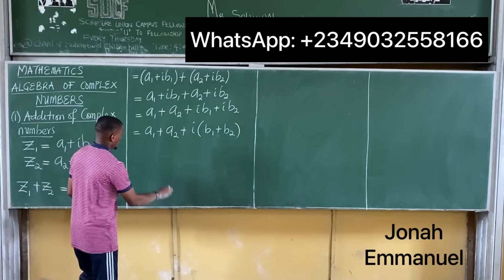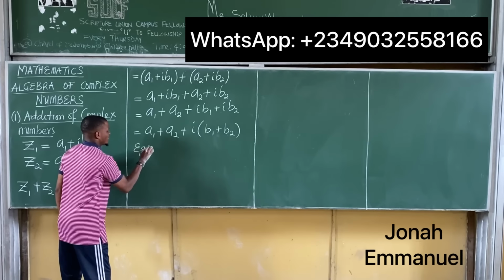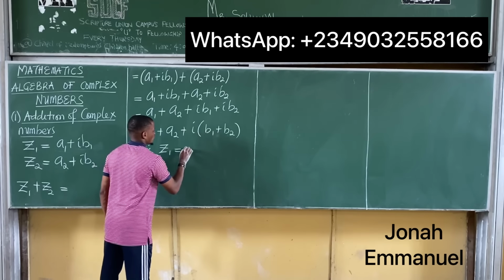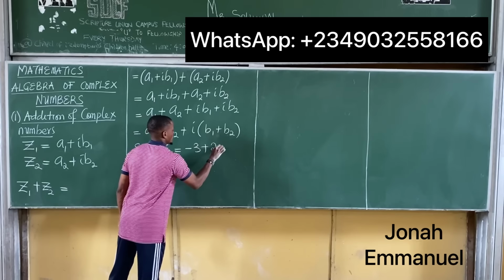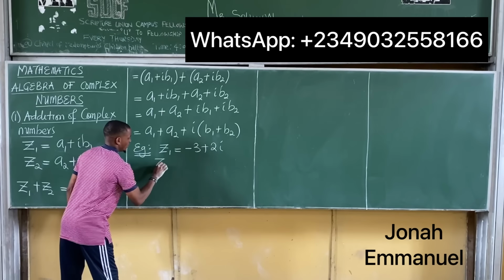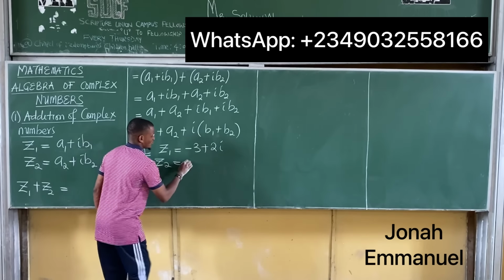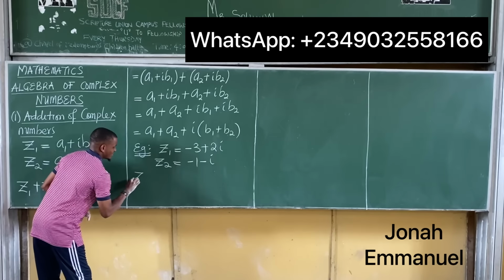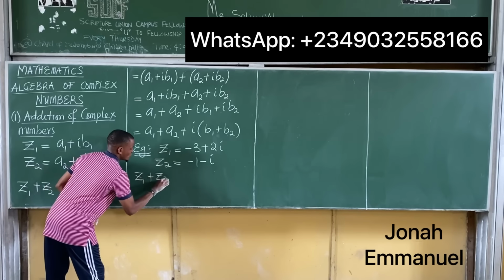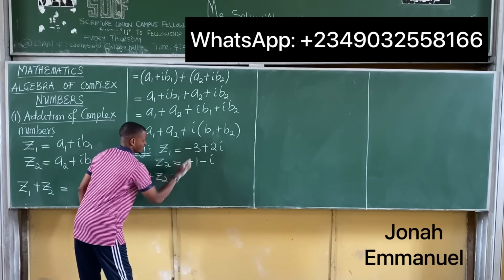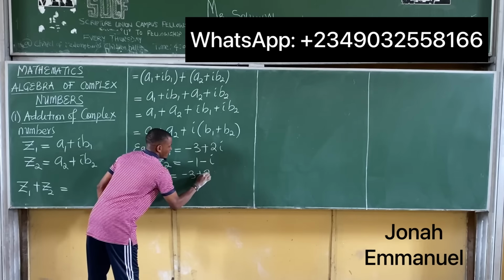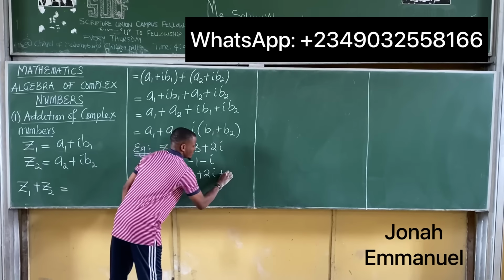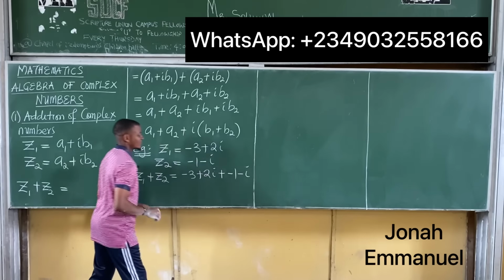Let's take a quick, simple example. Let's say z1 is equal to minus 3 plus 2i, and z2 is equal to minus 1 minus i. We would have that z1 plus z2 is equal to minus 3 plus 2i plus minus 1 minus i.